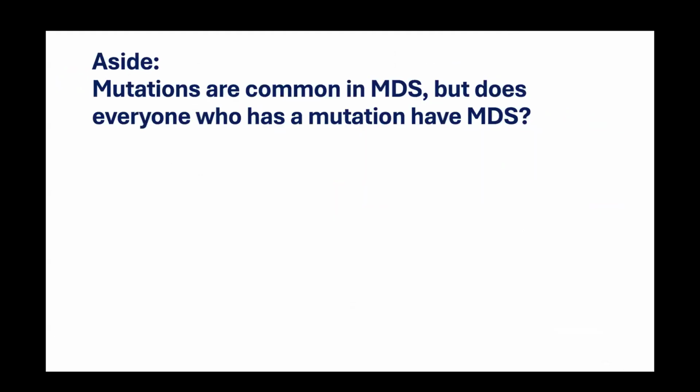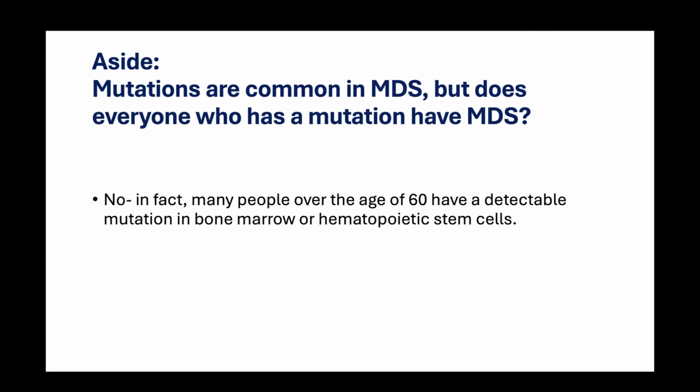So all very helpful. Now, a quick aside: are these mutations enough to say that we have MDS? Because mutations you can sometimes just check on your peripheral blood. And the key answer here is no, because many people over the age of 60 in particular have a detectable mutation in their bone marrow or just their hematopoietic stem cells.